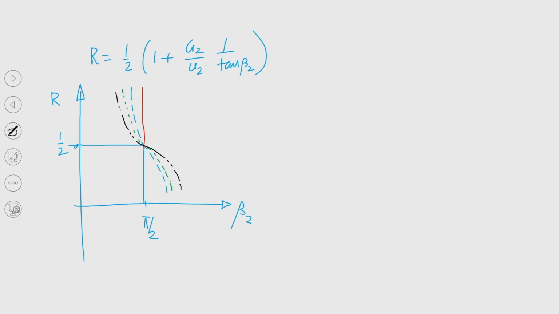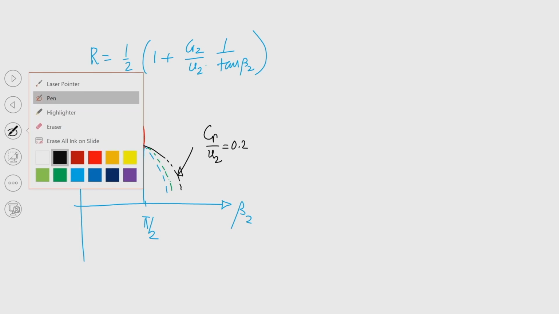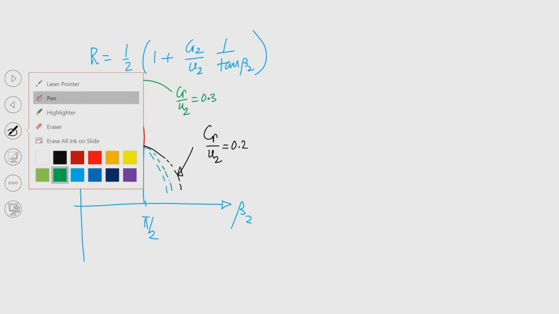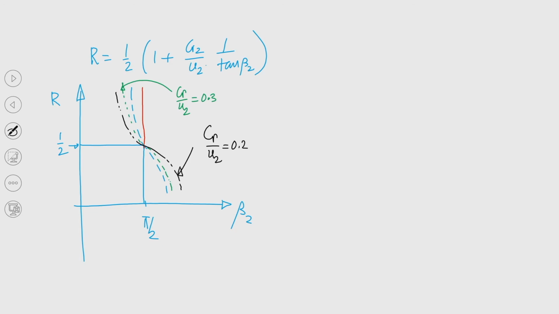So, these three different lines I have drawn, and now this is for CR2 by U2 equal to 0.2, green one, this is for CR2 by U2 equal to 0.3, and finally this one for CR2 by U2 equal to 0.4. Okay. So, this is what we have discussed.